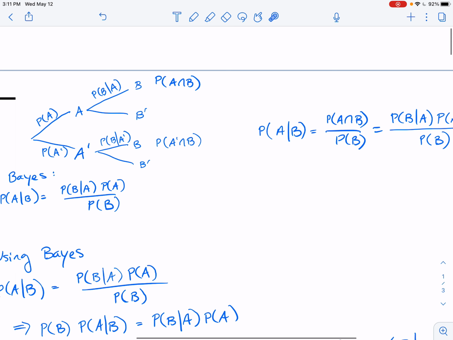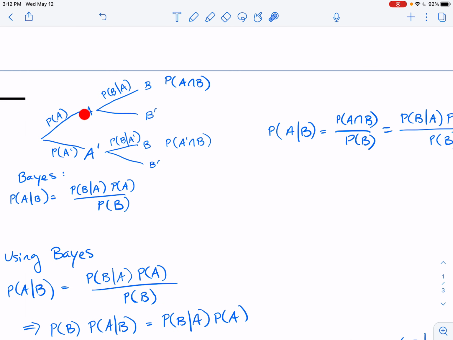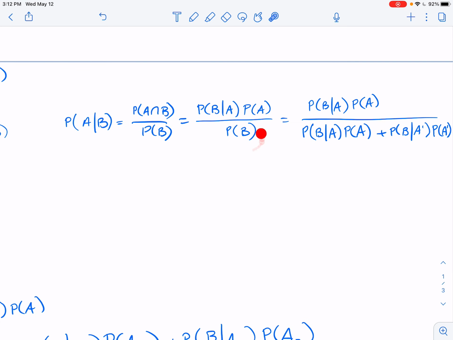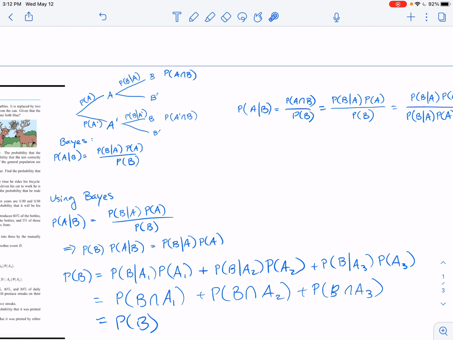The way that we get there is we say, we have the probability of A times the probability of B given A. That's equal to this value. And so this is Bayes' theorem. We can also rewrite how we describe the probability of B. Looking at the tree, the probability of B means that I came out to here, and so I have this value, or I had not A, then B, and got this value.